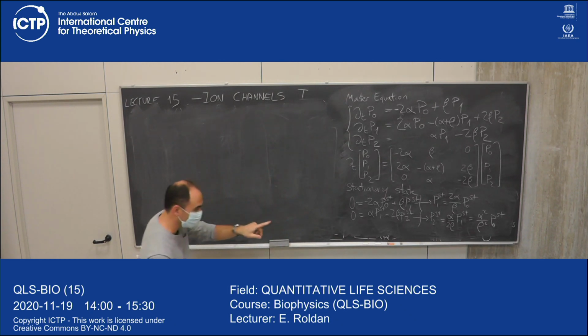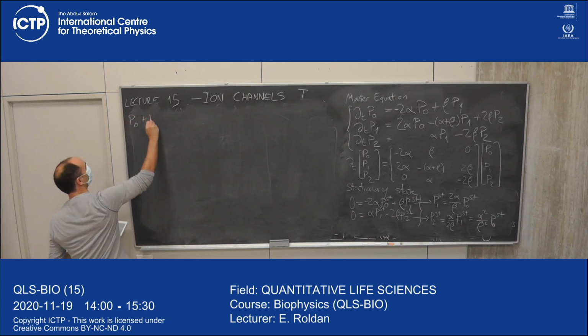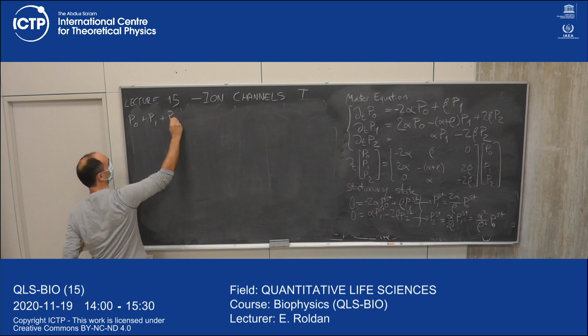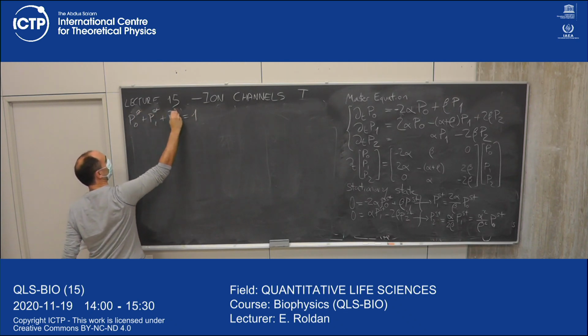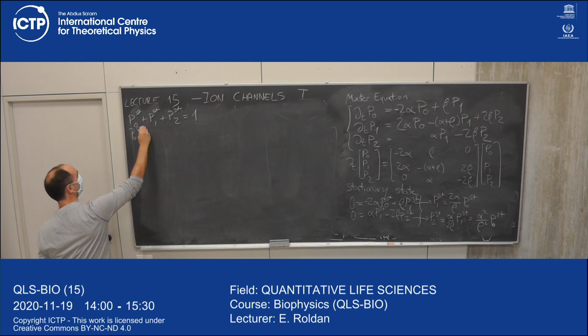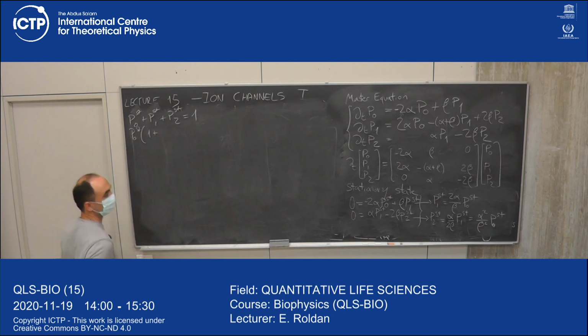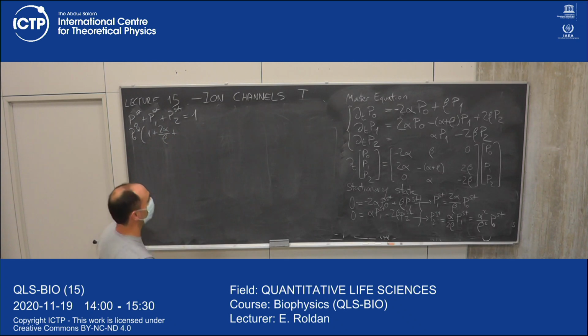Okay, so I have these two relations, and now I use that P0 plus P1 plus P2 equals 1. So I plug in the first equation and the second equation. It will be P0 times 1 plus 2 alpha divided by beta plus alpha squared divided by beta squared.